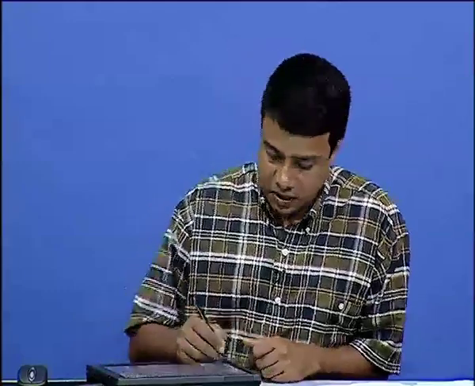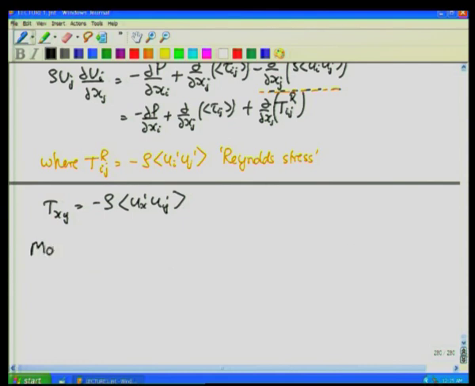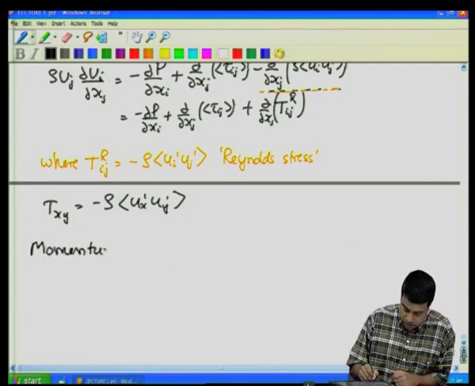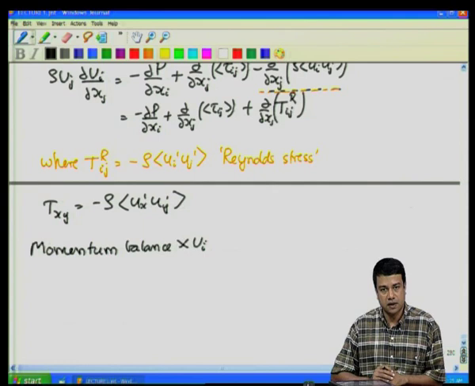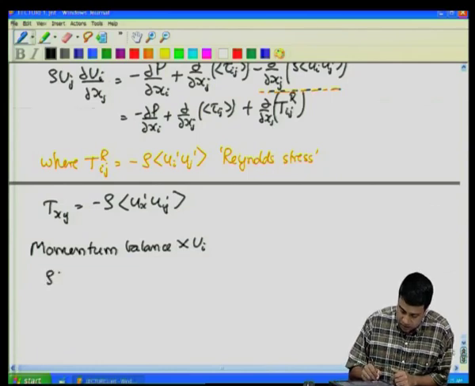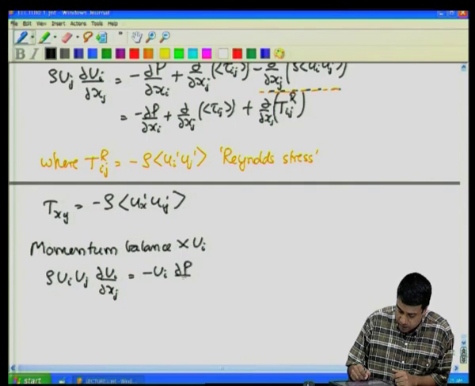In order to write down the energy balance equation, I take the momentum balance equation and multiply it by the velocity ui itself. So, this becomes rho ui uj partial ui by partial xj, minus ui partial p by partial xi, plus the remaining terms.